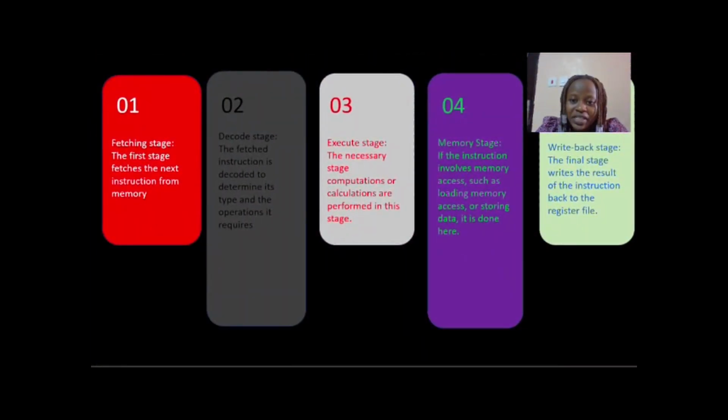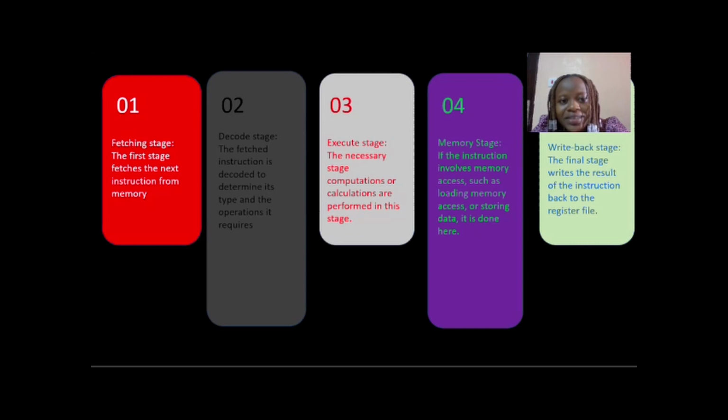There are 5 stages in the performance instruction pipeline. The first is the fetch stage, where the instruction is fetched from the memory. The second is the decoding stage, where the instruction is decoded to determine its type and the operations it requires.